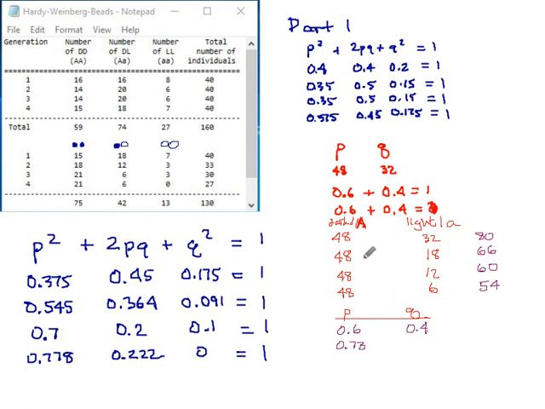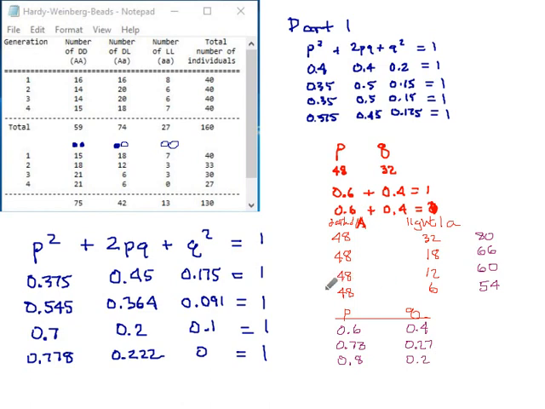And 18 out of 66 is 0.2727, so 0.27. Next generation, we have 48 out of 60, which is 0.8, and 12 out of 60, which is 0.2.